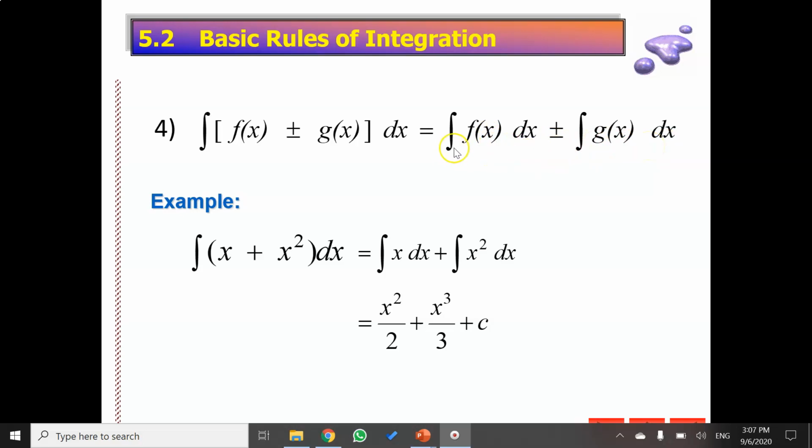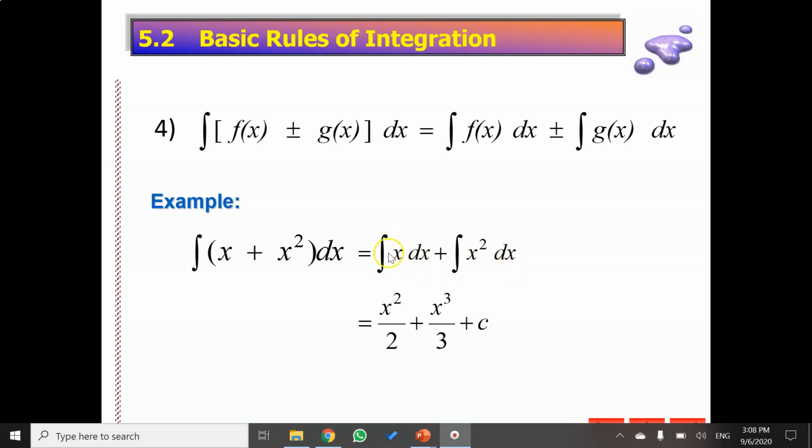So you have the integration of f(x) dx plus or minus the integration of g(x) dx. So for example, you have to integrate x plus x squared dx. The first function is x and the second function is x squared. So now we write it down again: the integration of x dx plus the integration of x squared dx.